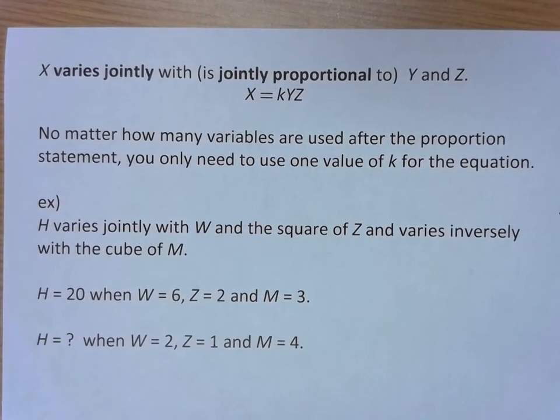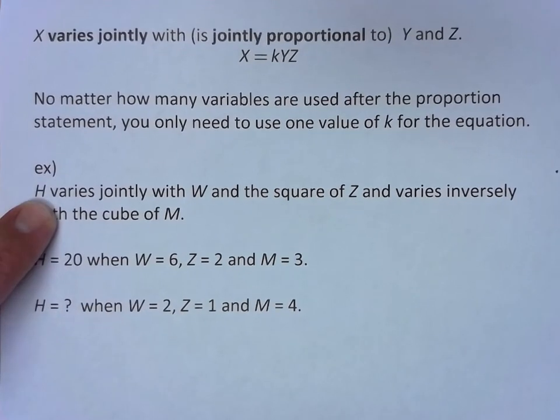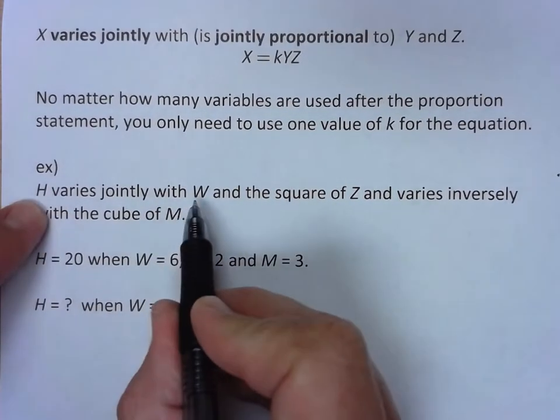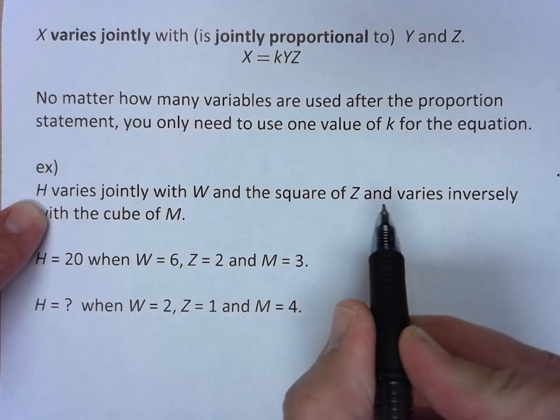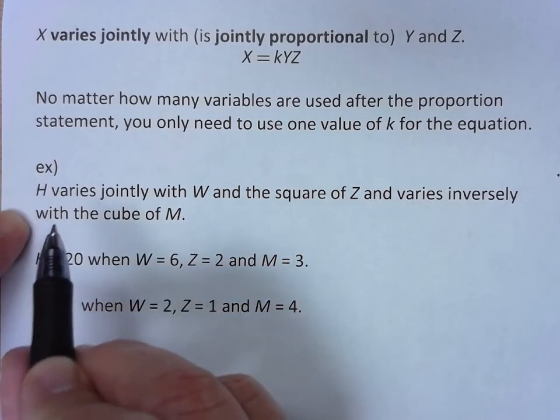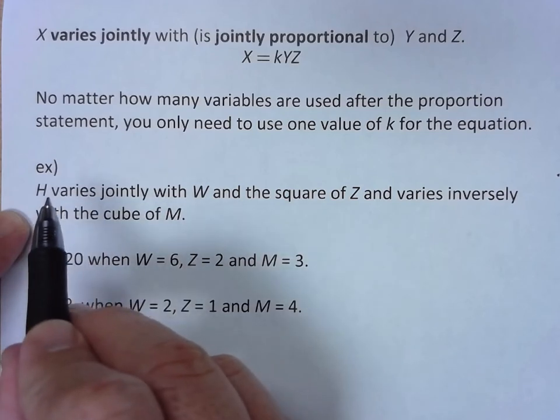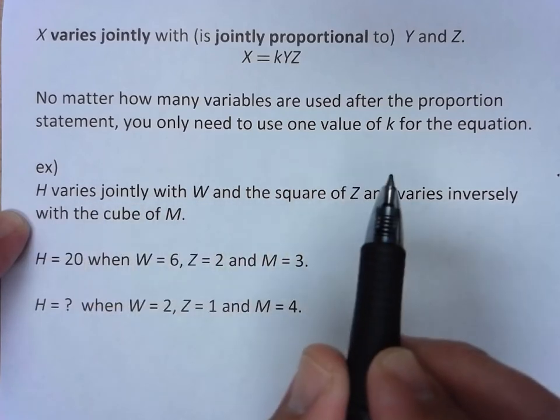So this example states that h varies jointly with w and the square of z, and varies inversely with the cube of m. So h is related to 3 other variables in this mix.